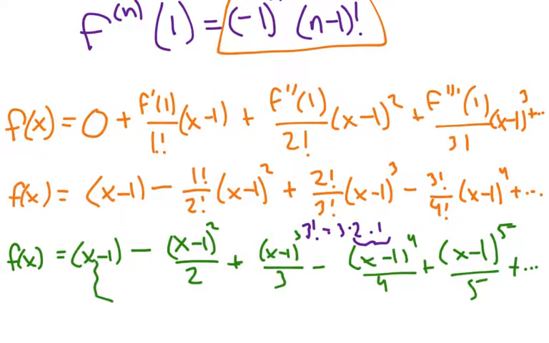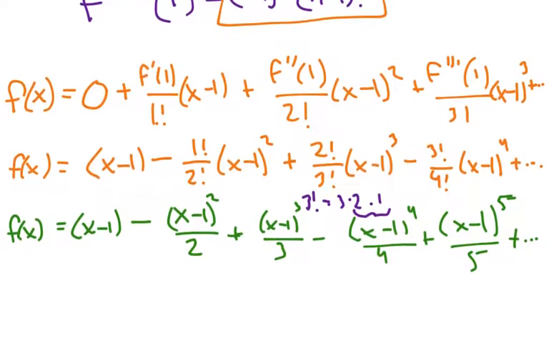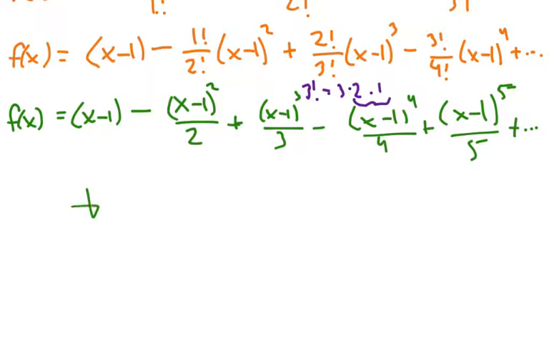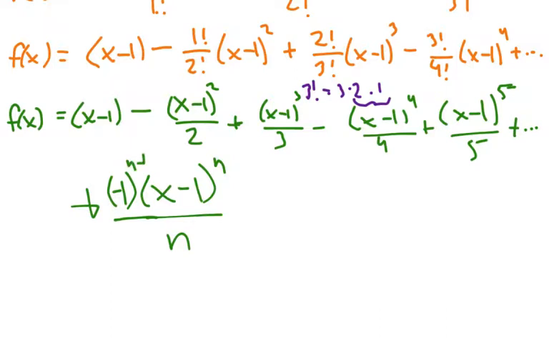The general term, plus, well, we're going to have x minus 1 to the nth power over n, and then we just got to account for the sign, so I'll need a negative 1 to, as we said before, all the even powers are producing negative coefficients, and all the odd powers produce positives, so I'll put an n minus 1 up here, and then plus dot dot dot.